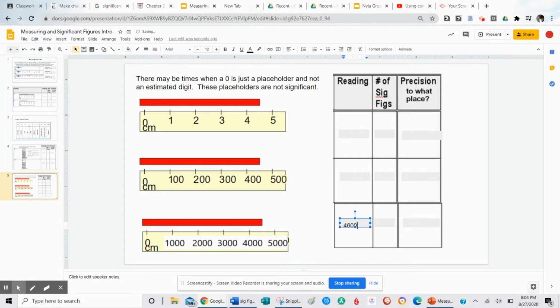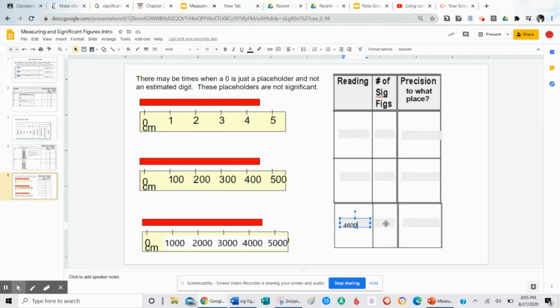You may guess 500. Again, it's a guesstimate. And I cannot estimate the tens. I don't know if that is 4,610, 4,620. It's way too small to see.